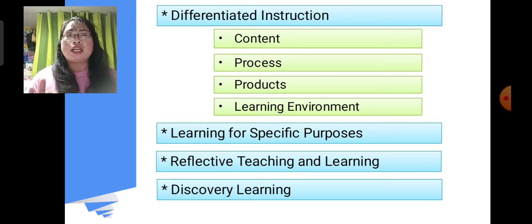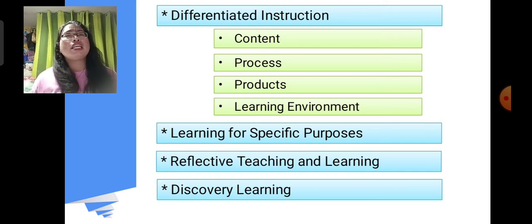The next one, the process: activities in which the student engages in order to make sense of or master the content. The next one, the products: culminating projects that ask the student to rehearse, apply, and extend what they have already learned in a unit. And the last one, the learning environment: the way the classroom works and feels.